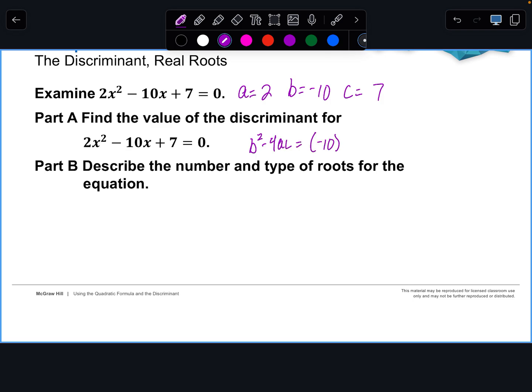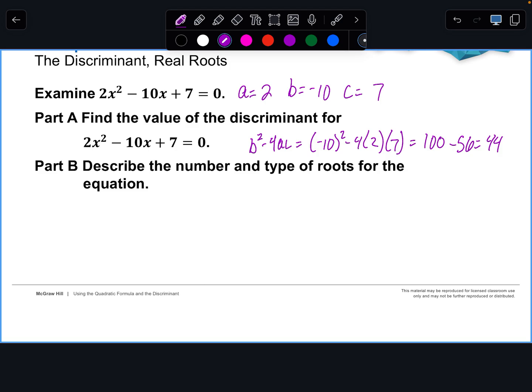Negative 10 squared minus 4 times 2, sorry, times 7. 100 minus 56, so I get 44. Is 44 a perfect square? No, okay?